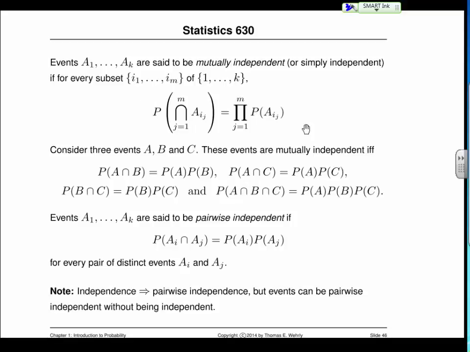So for instance, if we have 3 events, A, B, and C, then to have those 3 be mutually independent, we need all of the two-way intersections to satisfy the independence.